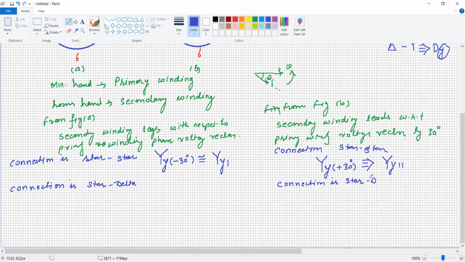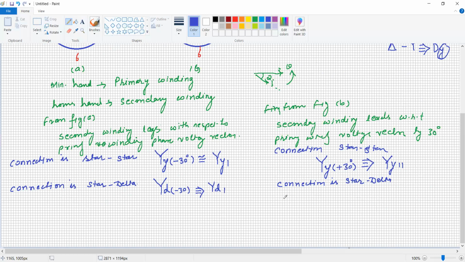So primary winding is star connected, secondary winding is delta connected, and it is minus 30 because of the lagging, it is represented as a vector group YD1.